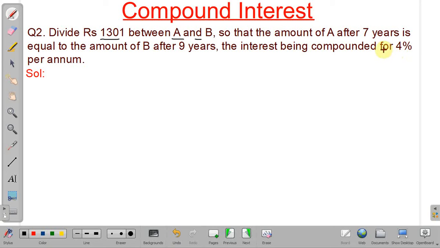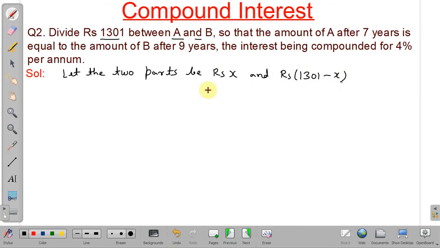Okay, so we can assume the two parts as, let the two parts be rupees x. So second part will be rupees 1301 minus x. Now as the amount of both will be equal, for first part time is 7 years, for second part time is 9 years.